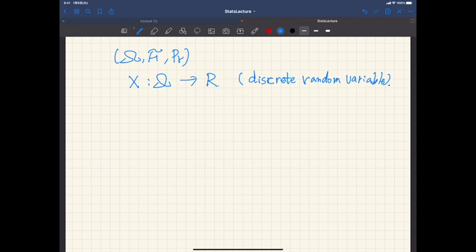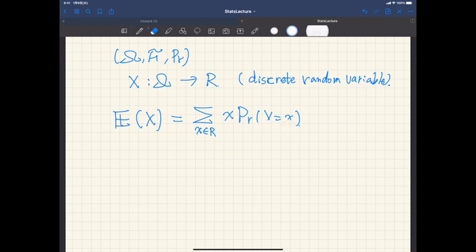Then the expectation value of X is defined as the summation over all possible values of x, times the probability of X is equal to x.